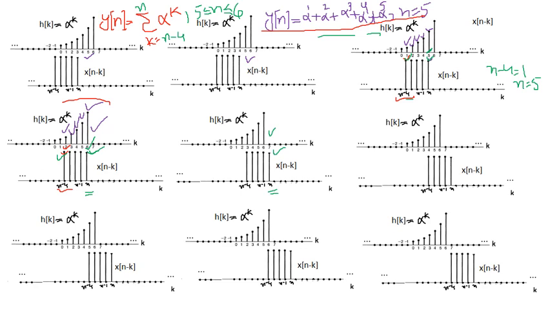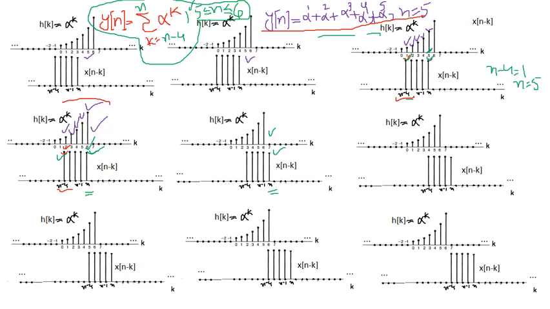So this is the case when n equals how much? N equals 5 to 6. So for this case we have y of n equals this one. So what will happen when n crosses 6?